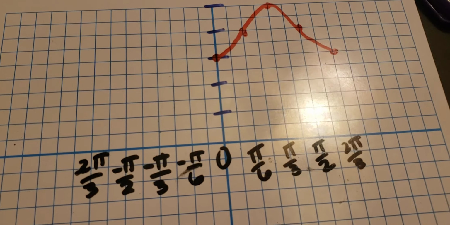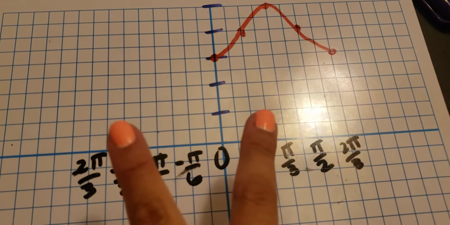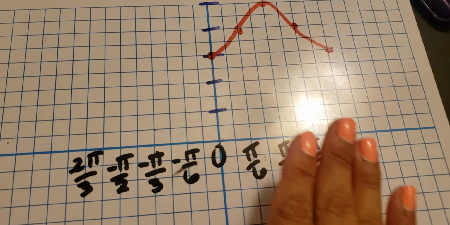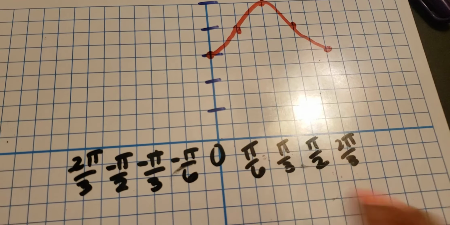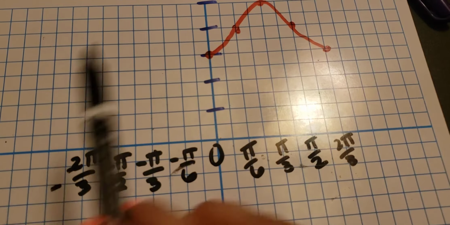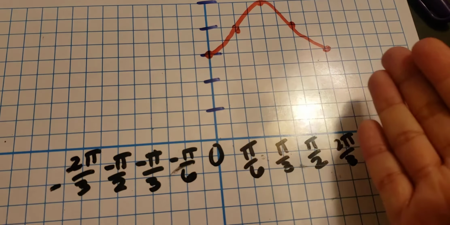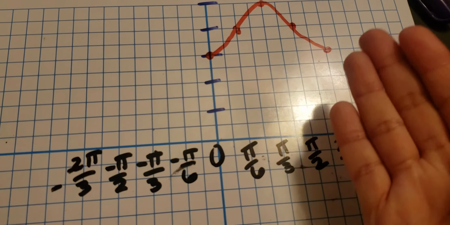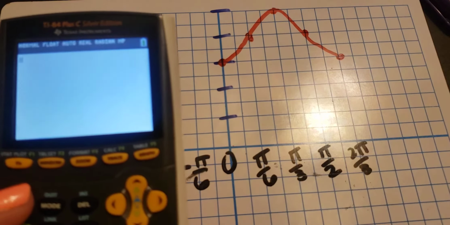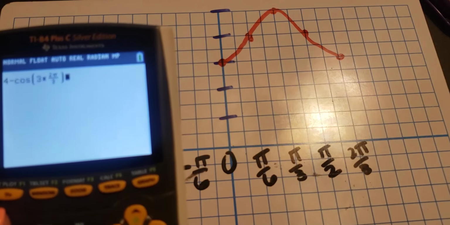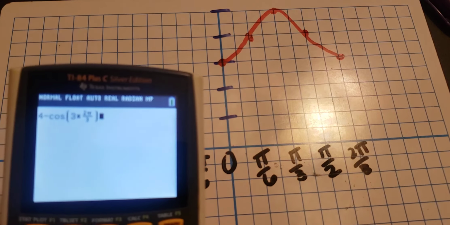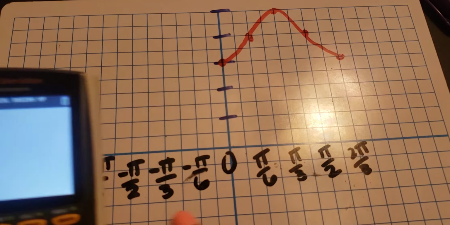Let's try that. To get 2 periods or 2 cycles, I went ahead and just added the negative versions of these. Now to get more points, so you can see a bigger window or more of this cosine, we're going to do the exact same thing we did earlier. I have 4 minus cosine of, let's start with negative pi over 6.